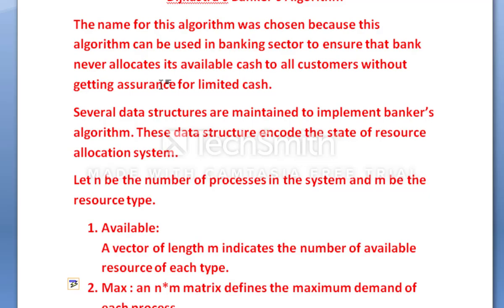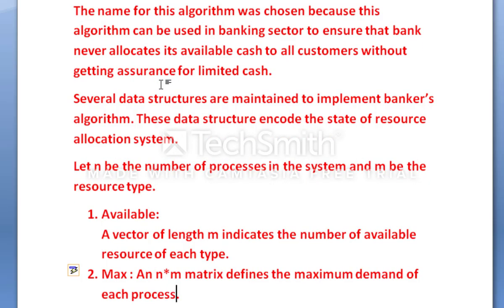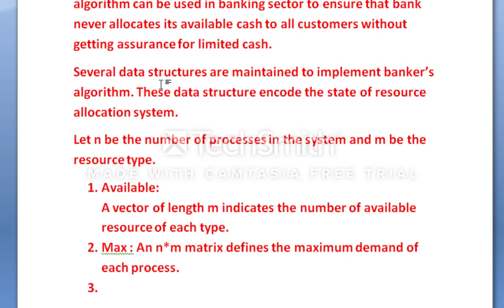So every process has its own demand or requirement of resources, so we should allocate those resources to a process only after thinking about some points. Okay, this is Max. So Max is the process demand, you can say in short. It is the maximum demand of a process for the resources.